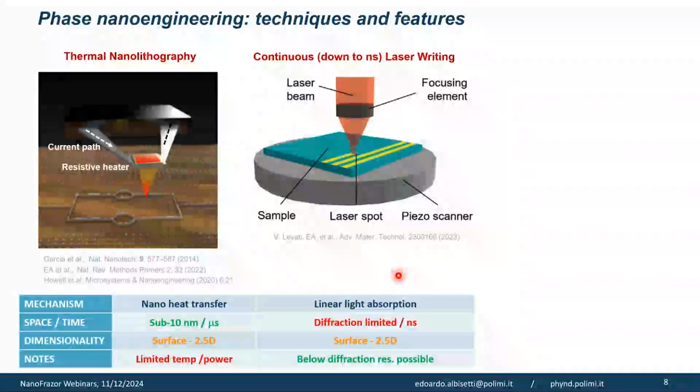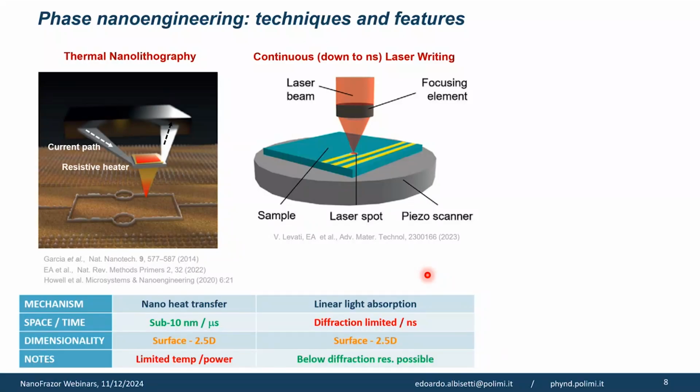There's a caveat. We are diffraction limited, but somehow if we use transitions that are really peaked, as I will show you later, we can go well below diffraction. And I think that this was also observed with the resist of the NanoFrazor.